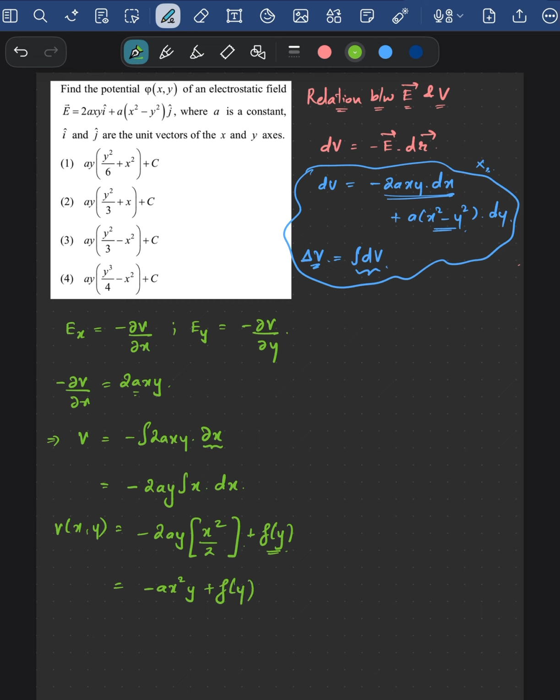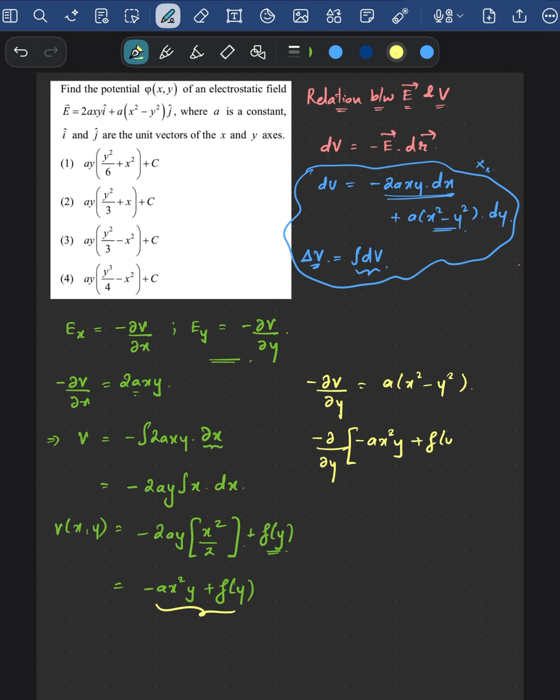Now moving on to the next step. The next step is implementing the other component. So minus dou V by dou y is equal to y component of electric field, which is equal to a(x squared minus y squared). So what is minus dou V by dou y? It is minus dou by dou y of, I already found V partially, so let me substitute that, minus ax squared y plus f of y.